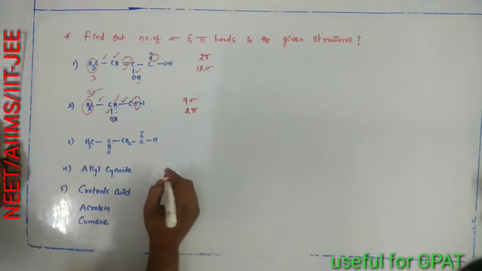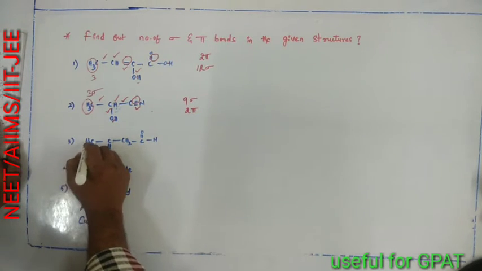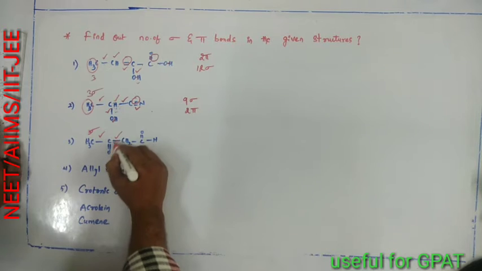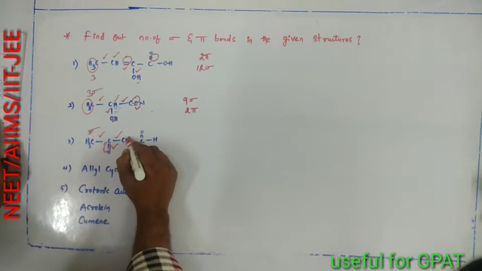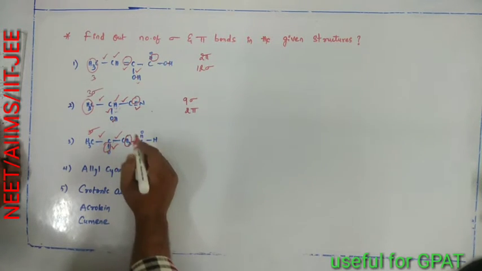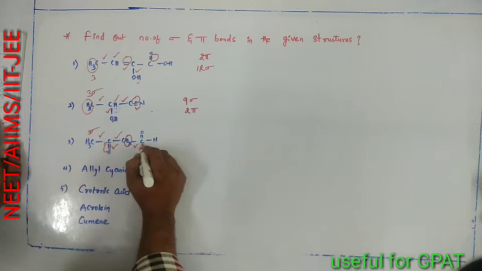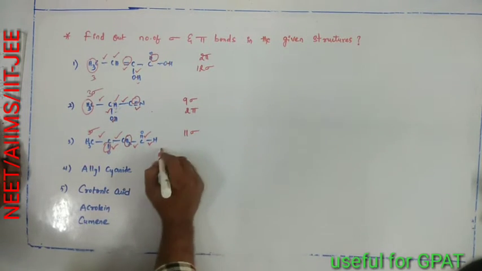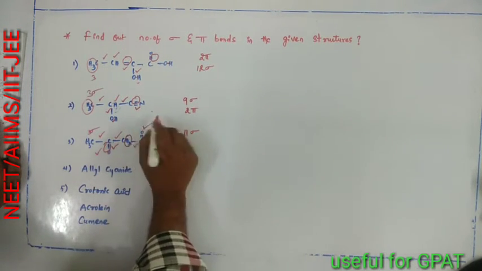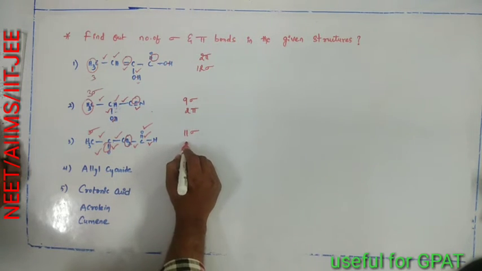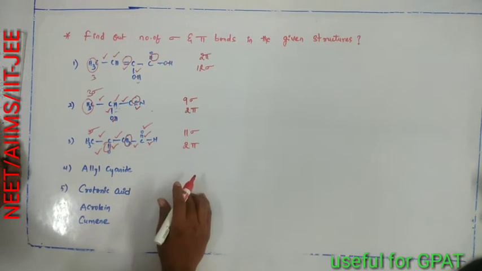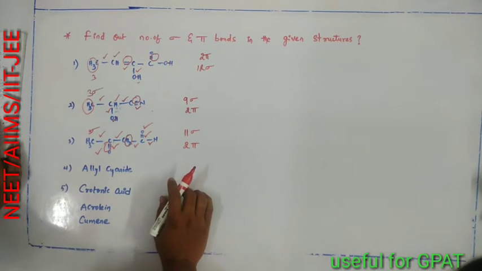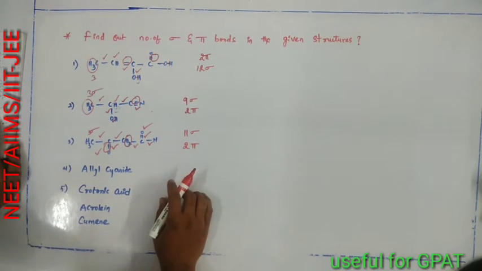In the next one, carbon with the 3 hydrogens gives 3 sigma bonds, 4, 5, 6, 1 pi bond, 7 and 8 for 2 hydrogens, 9, 10, 11, so 11 sigma bonds. And here 1 pi bond, here 1 pi bond between carbon and oxygen, so 2 pi bonds. Like that we can calculate the number of sigma bonds and pi bonds.